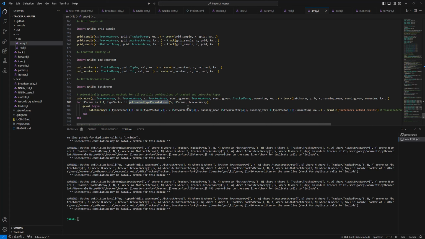But in this case, maybe 3 of 5 are tracked and the last ones are not tracked, and then duplications occur. Yeah, that's clear, okay. So I think I have to filter these out, and then it should be fine.